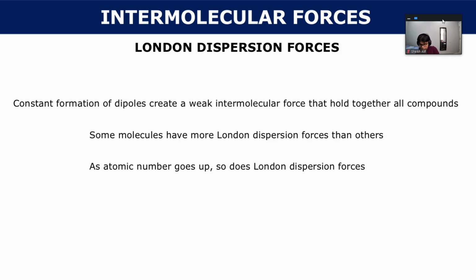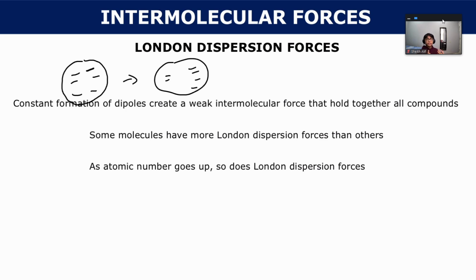Remember, London dispersion forces rely on the electrons in a nonpolar molecule to polarize, meaning to be on one side as opposed to another. And as it turns out, the more electrons you have, the more likely it is that by random chance, more electrons are going to be on one side as opposed to another. So we say as atomic number goes up, that's what the Z means, polarizability goes up.